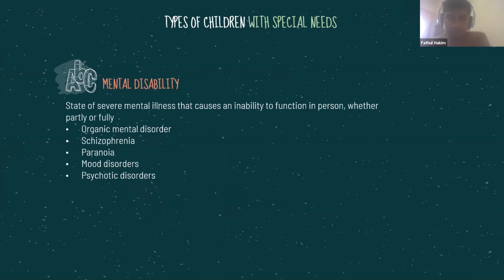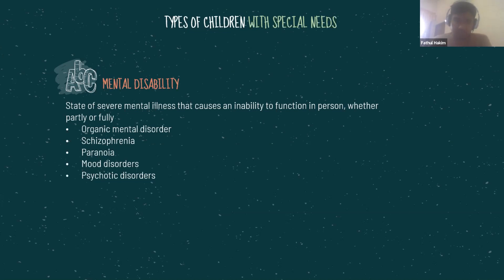mental disability, a state of severe mental illness that causes an inability to function in person, whether partly or fully. So these are the diseases that may be included in mental disabilities, such as organic mental disorders, schizophrenia, paranoid, mood disorder, psychotic disorder.